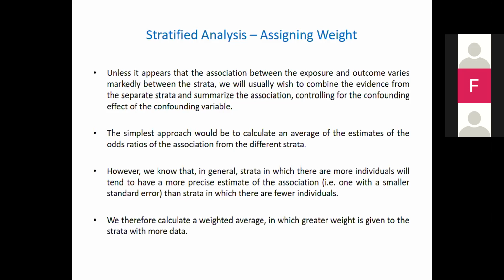You must give weight, because if you have different strata, the accuracy of the odd ratio you are calculating is not the same. The one that has more sample, more people in the stratum, is more accurate. As we already talked about standard error before, when sample size is high, the standard error is smaller and the measurement is more accurate.